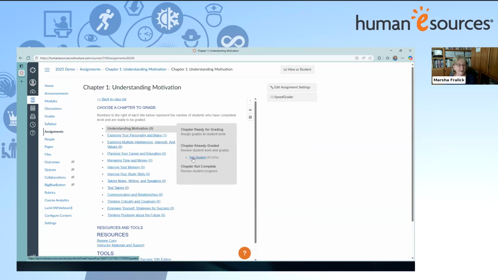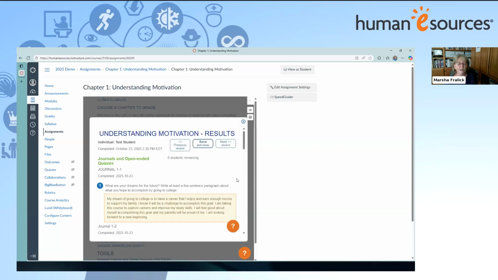Here's a chapter that I haven't graded. So it'll say these students have finished, and it'll list them here. And then here are chapters that need to be graded. So here's one that needs to be graded. So this is what I would see for each one of my students.